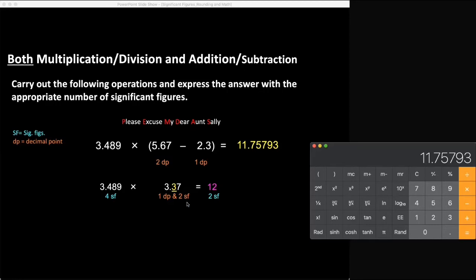So that's 2 sig figs. So my final answer needs to be the least amount for this multiplying. So 2 sig figs. So I took the 11 and I rounded up because there's a 7 behind that 1, for a final answer of 12.